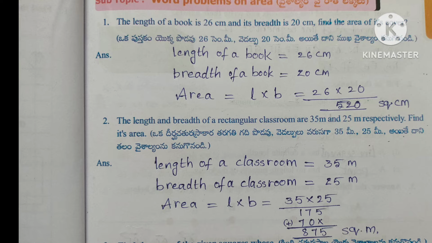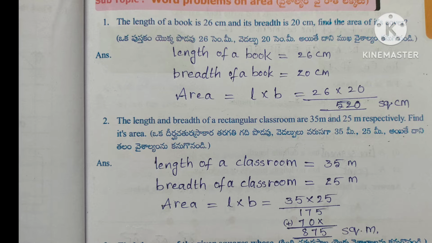Formula of area equals length into breadth equals 26 into 20. We have to multiply both numbers, then we get 520 square centimeters. Answer is 520 square centimeters.